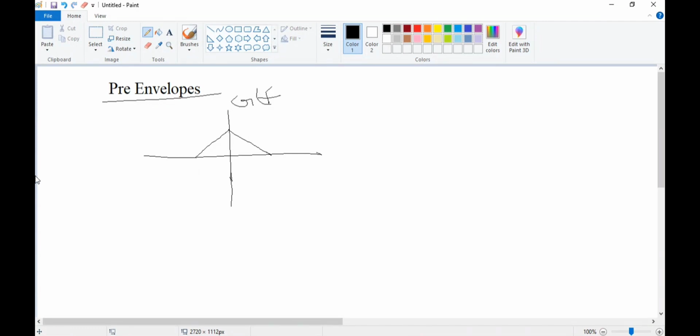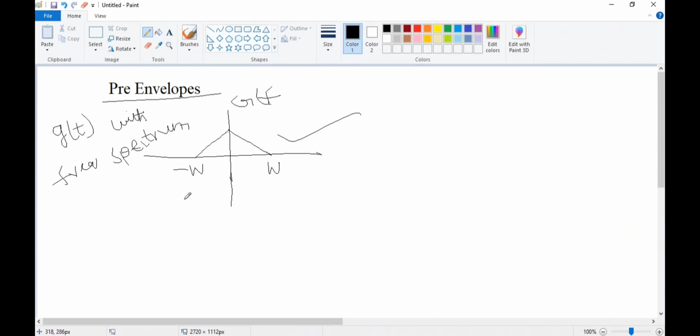G of t is a signal with frequency spectrum from minus omega to omega. Now I want to represent this signal only by the positive frequencies.